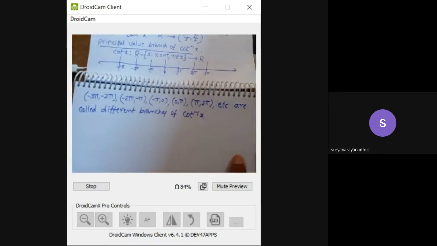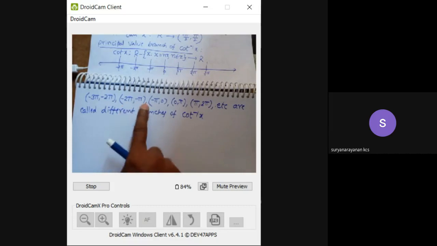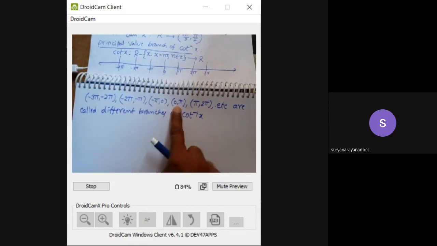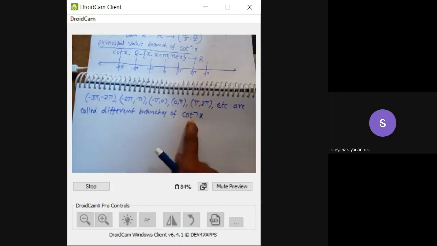Open interval minus 3 pi comma minus 2 pi. Open interval minus 2 pi comma minus pi. Open interval minus pi comma 0. Open interval 0 comma pi. Open interval pi comma 2 pi, etc. All these intervals are called different branches of cot inverse x.